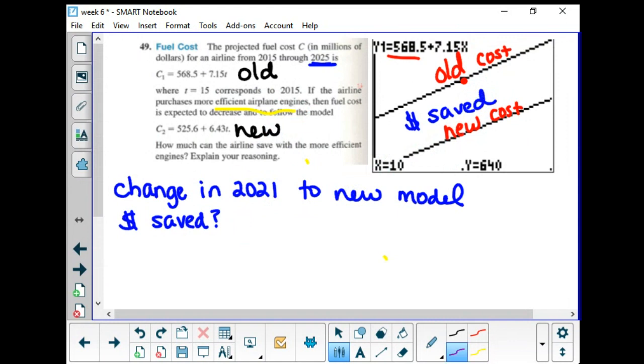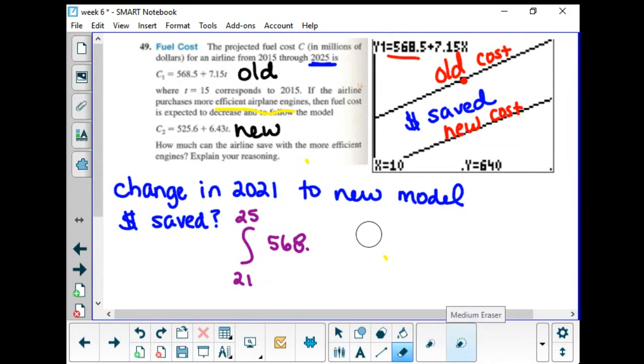So in order to calculate that, I would integrate from 21 to 25. And in this case, the old model is, oops, I'm sorry. I kind of put all that together. So try that again.